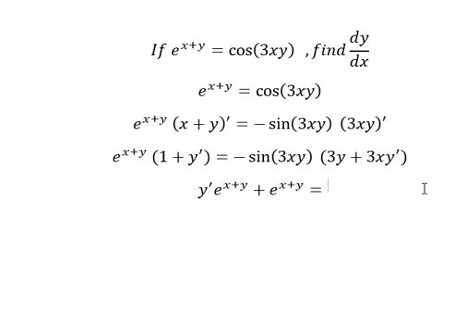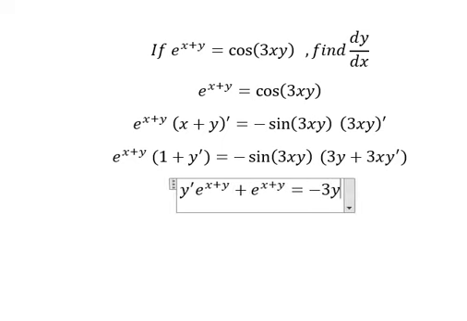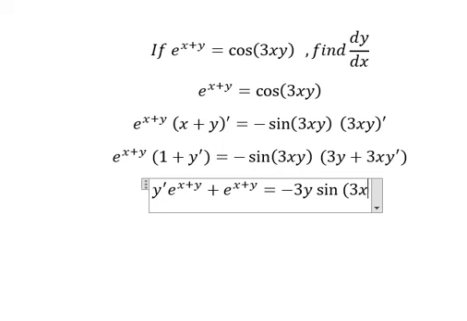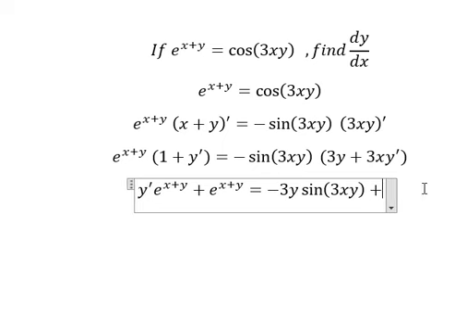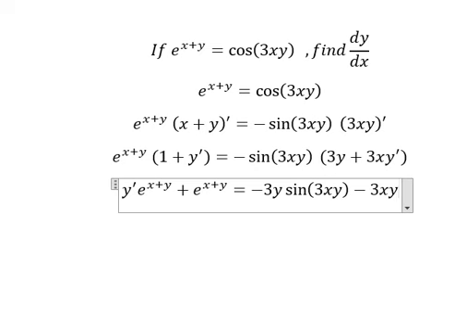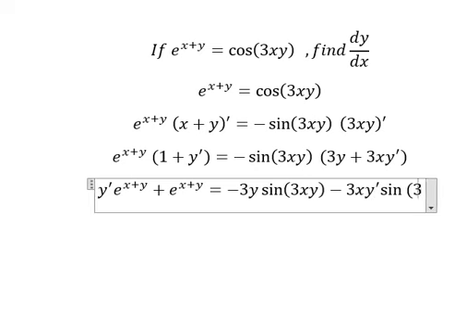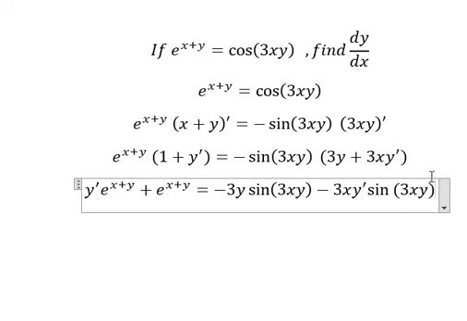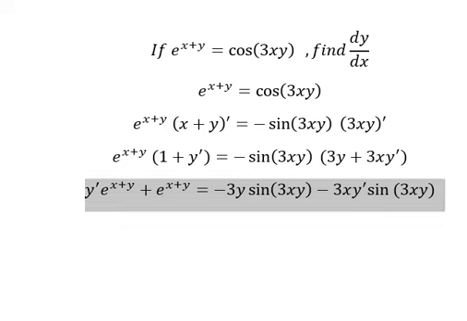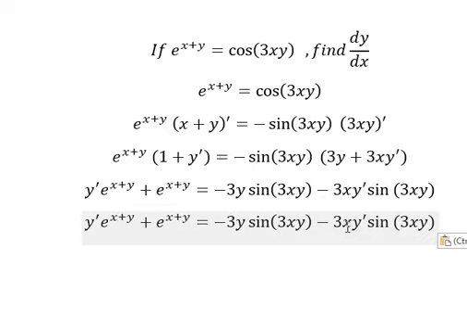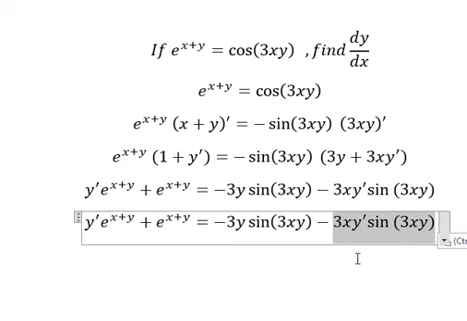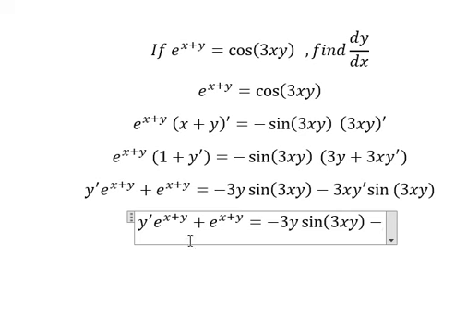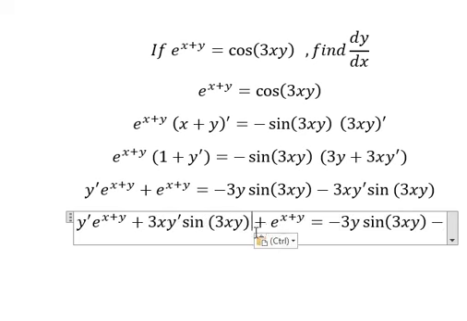And this one. So I will put this one go to the left, and we have like this.